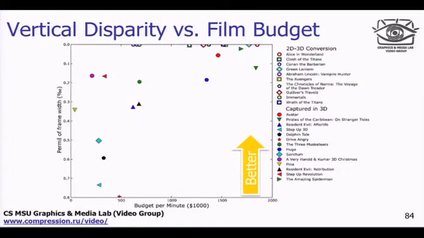And you can see here is Drive Angry, and here is Harold and Kumar. And we can see that with a 2 times smaller budget, these guys produce higher accuracy stereo. So again, it's really good practice.